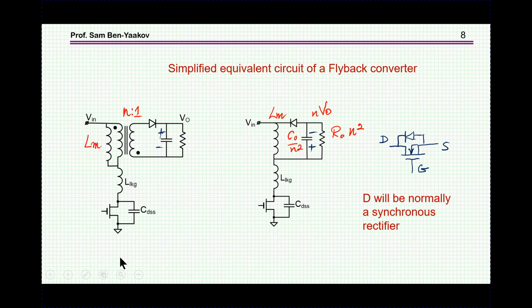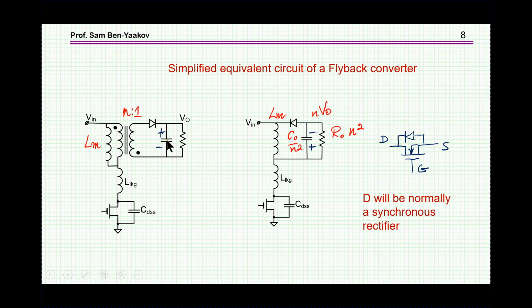Before going into the detail, let me simplify the circuit a little bit by changing this configuration into a simplified equivalent circuit. It'll be easier to explain later on. So what I did is the following. First of all, we have here already the coupled inductor represented as the inductance plus ideal transformer.